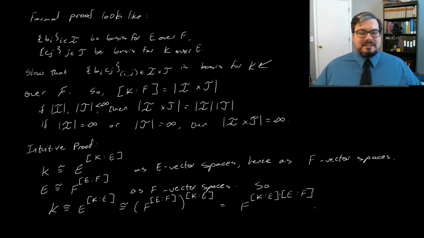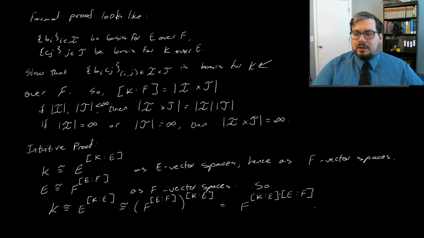And also, this argument doesn't really handle the case of showing that things work out properly when all you know is that K is finite over F. It doesn't handle the second part of the theorem quite as well. So that's why I wanted to give both of them. This intuition, though, is very good for us to keep in mind. Remember that every vector space of finite dimension is isomorphic to just a vector space of the form F^n for some n.